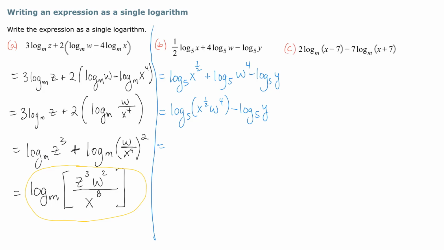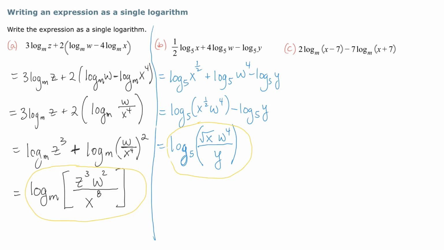One more property here. Log of the square root of x times w to the 4th over y, and we have a base 5 here. If you want to, you might want to put parentheses here so you can see the input. We've written that expression into a single logarithm.